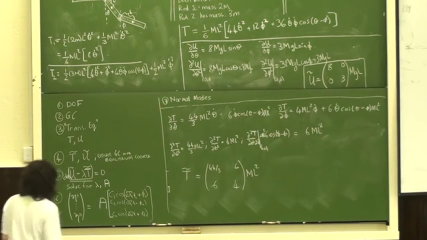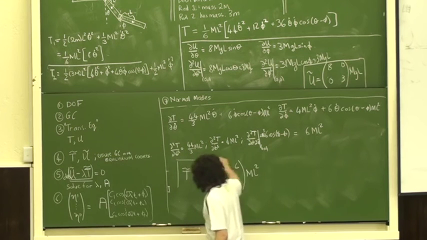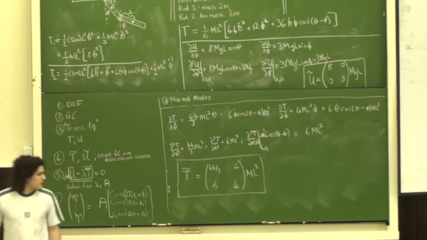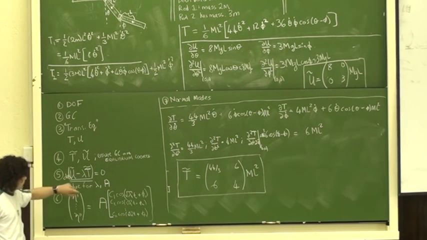We've got T tilde and U tilde. The next step is to build this matrix and set the determinant to 0.